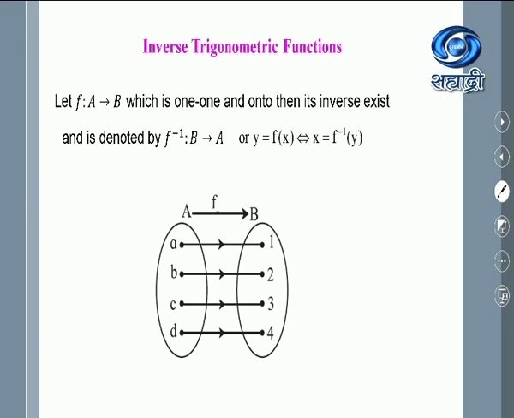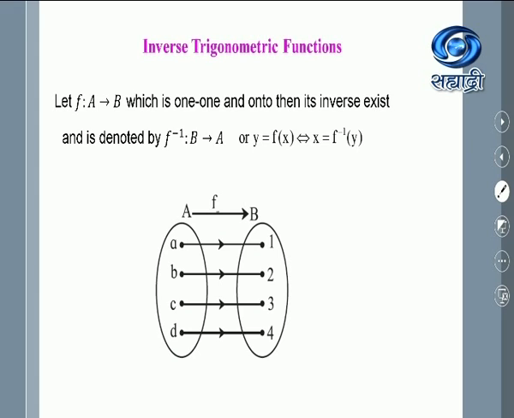So what do we have to keep in mind? For the trigonometric functions to have their inverse, the trigonometric functions must be 1-1 and onto functions. But if you see the trigonometric functions, for example the sine function, y equals sin x, or y equals cos x or y equals tan x or the remaining functions, all are periodic in nature, and because of the periodicity, for infinitely many angles you will get the same value.